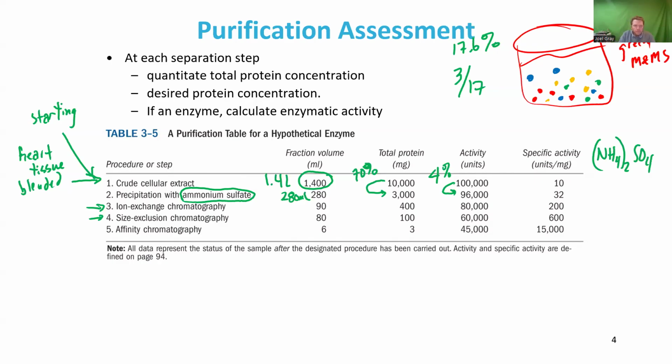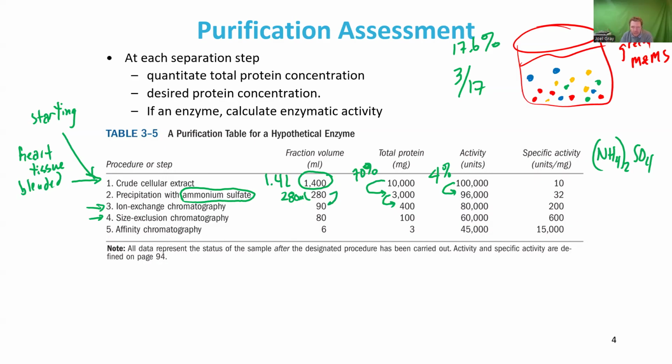Okay. Now, going from step 2 to step 3, we went from 280 milliliters down to 90 milliliters. So our volume got cut a whole lot. Then, in terms of our total protein, we went from 3,000 milligrams down to 400 milligrams.